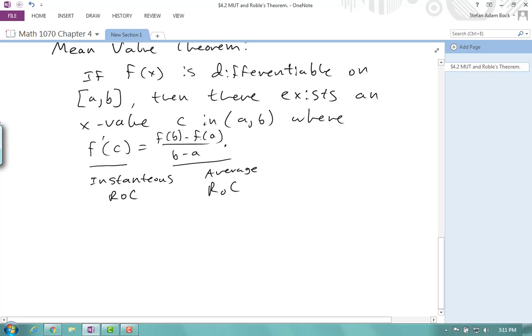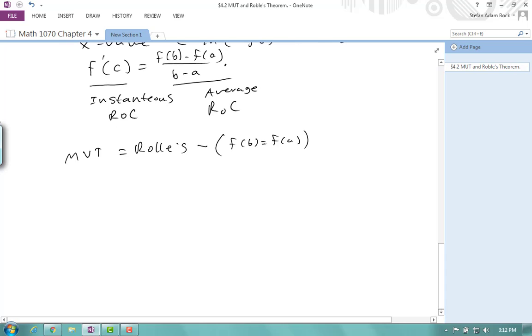So I could just go along and assume that I'm doing mean value theorem every single time and just use the endpoints equal to each other when I need them. So I could say the MVT is equal to Rolle's minus f of b equal to f of a. They both achieve similar results.